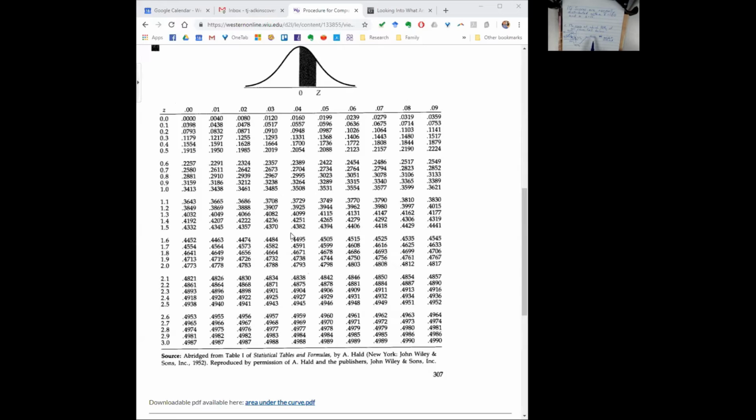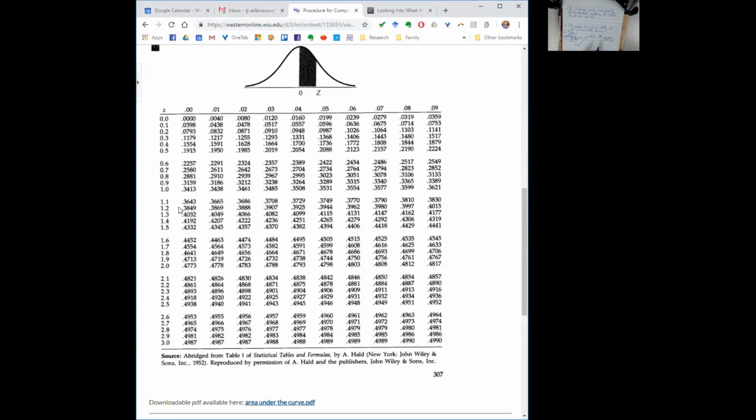And I'm going to look for the number that is closest to 0.4000. The closest one to 0.400 is this one, 0.3997. So this one is 0.4015. It's further away than 0.3997. So this proportion, 0.3997, now we're going to work our way out of the chart in this direction and in this direction and find out what z-score that corresponds to.